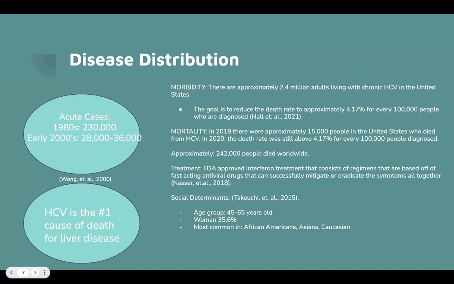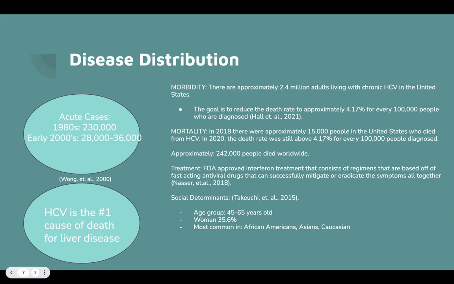In the 1980s, there were 230,000 acute cases diagnosed per year, which is a lot. A lot of it was even due to infected blood donors, and the blood wasn't screened as well as it should have been. But now we have a lot of preventative measures, so that's not as much of a risk.